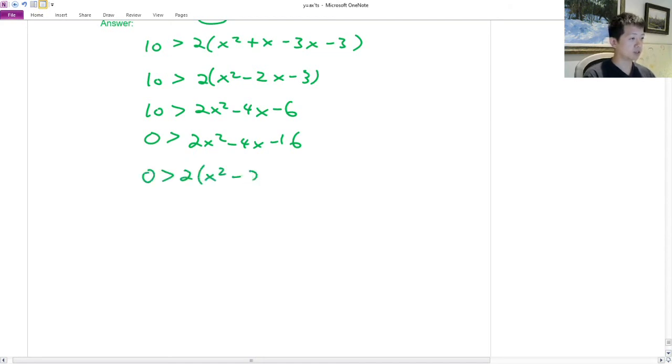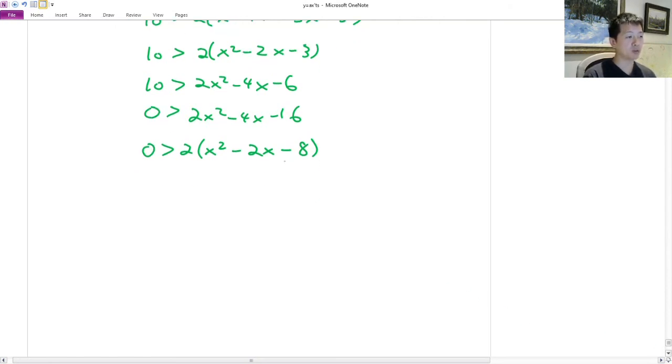So this is something new. I haven't shown you before that we can actually take out the common factor. And I'll be able to find my product and sum easier. So I can divide by 2 on both sides. This is going to give me something like this.